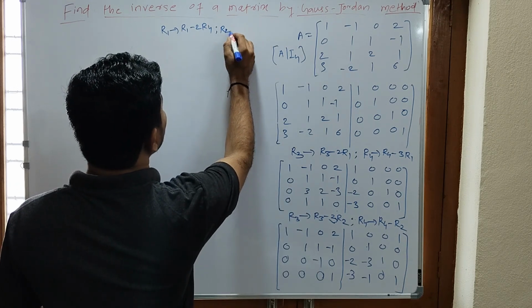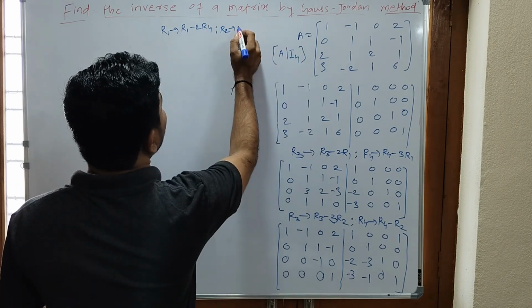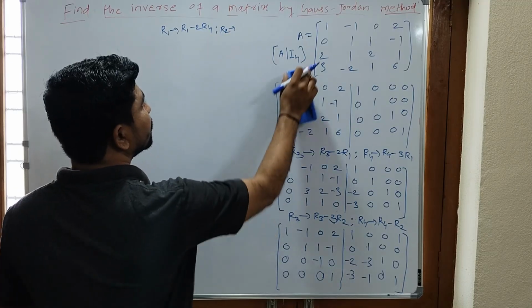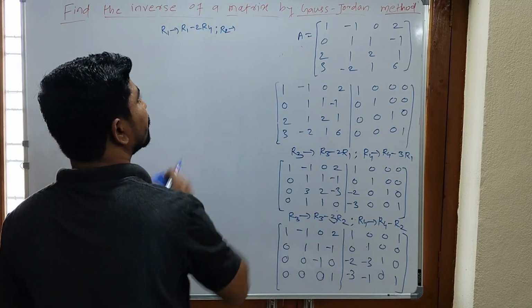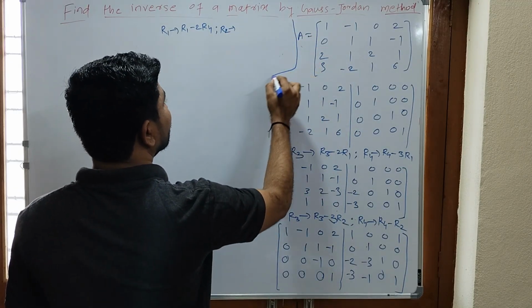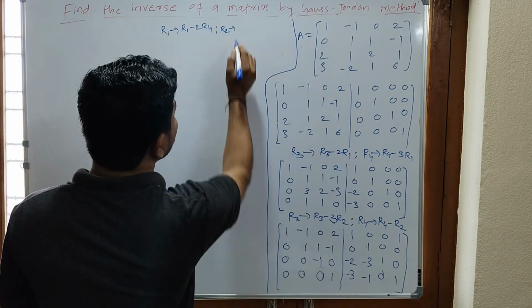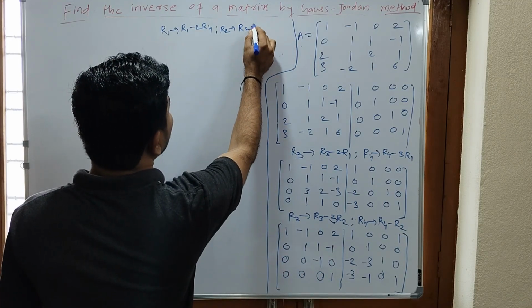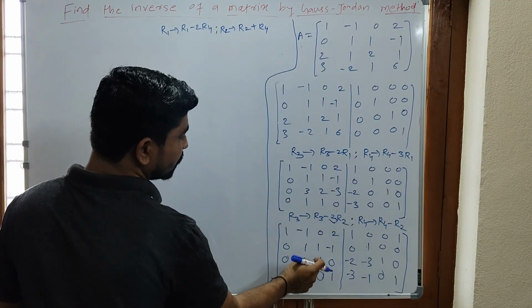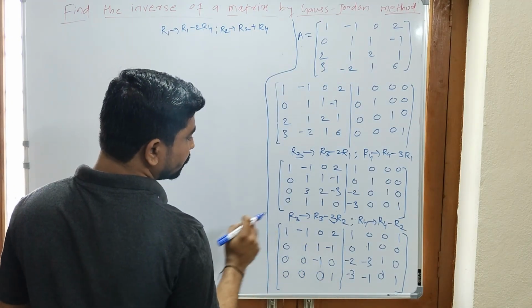Sorry, R2 changes to, here I will write this, I don't have space here. Here R2 changes to R2 plus R4. So this -1 plus 1 becomes 0.